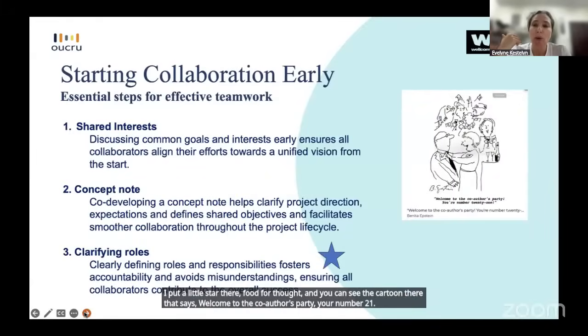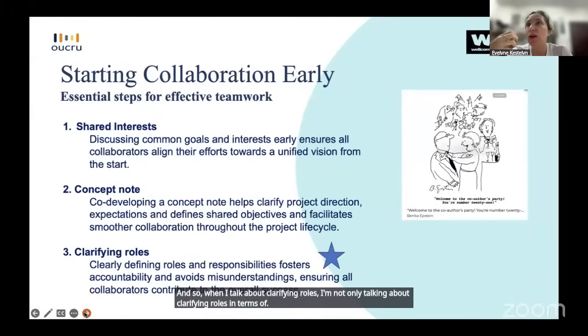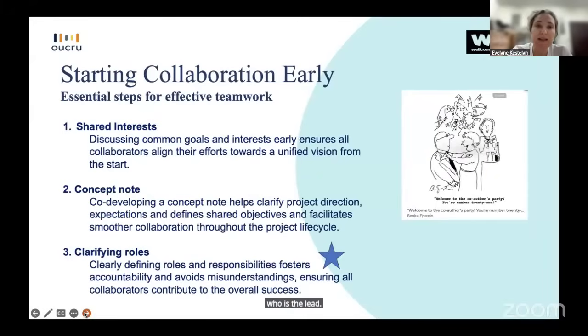So when I talk about clarifying roles, I'm not only talking about who is the lead, who is the co-lead, but really going down to the nitty-gritty level of who is going to help with coordination, who is going to be the person that sets up the weekly calls, but also what about authorships? What about data management? This is part of the responsibilities.